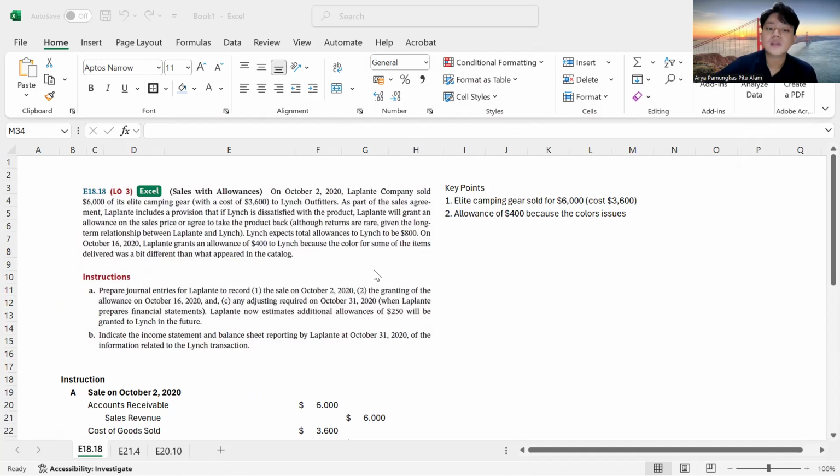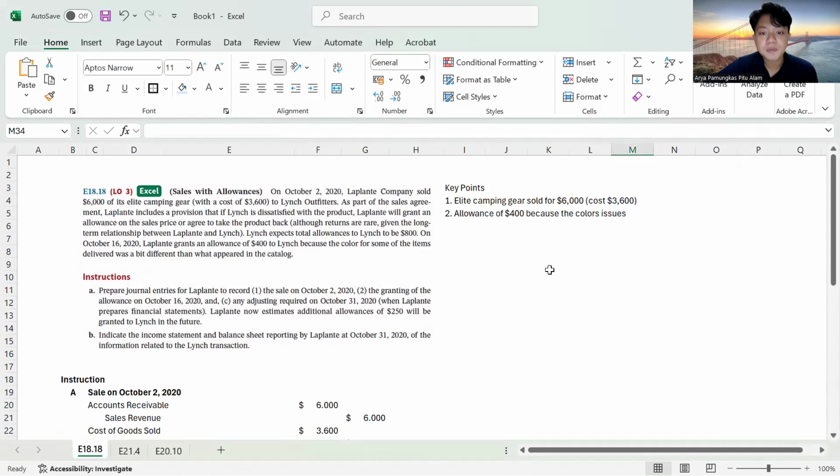Lynch expects the total allowance to be $800. On October 16, 2020, La Plante grants an allowance of $400 to Lynch because the colors of some of the items delivered were a bit different from what appeared in the catalog.